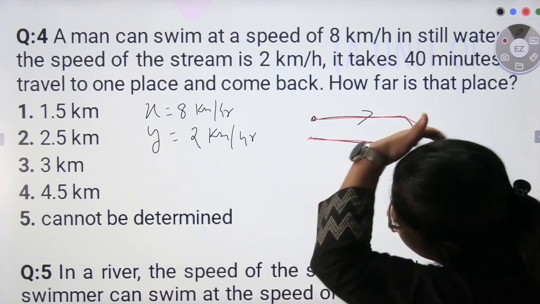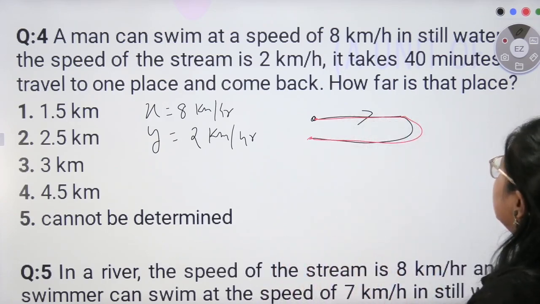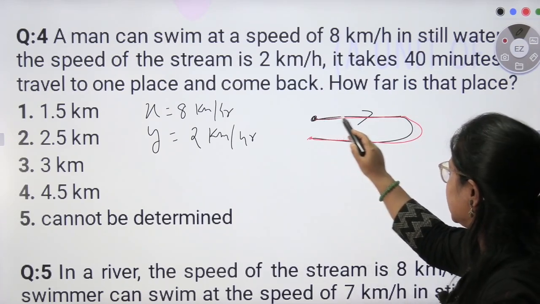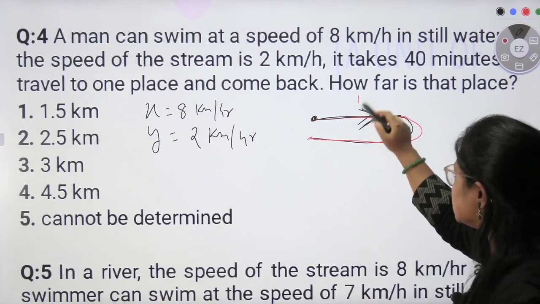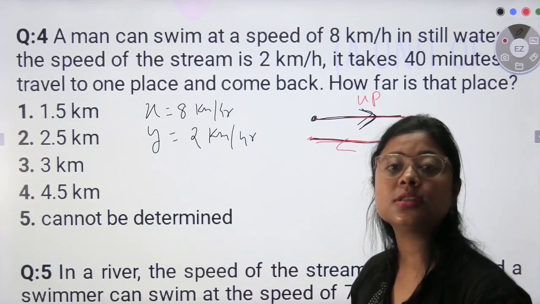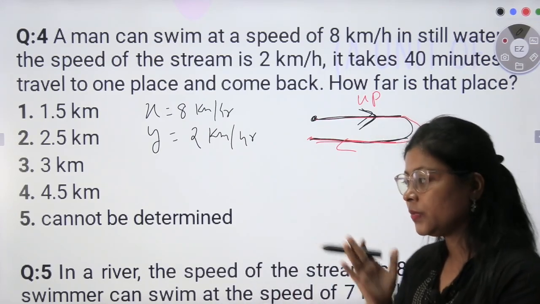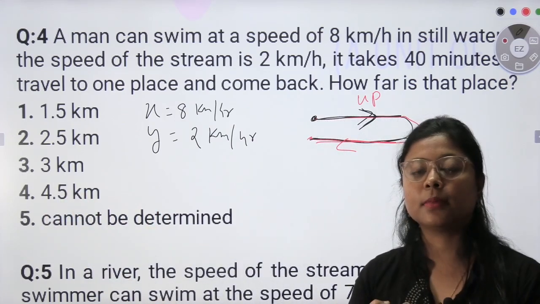Okay, so you are given x and y. Okay, fine. So if a boat goes in this direction, and if I consider this as my upstream, then the return would be, of course, downstream, isn't it? If you row in a stream, if you consider this direction to be upstream, then return would be my downstream.